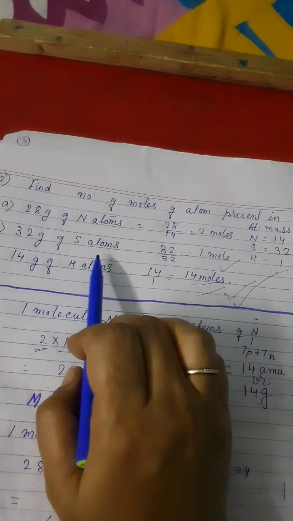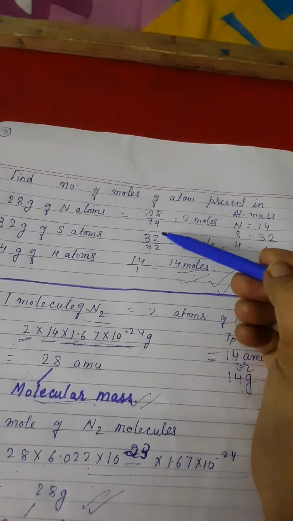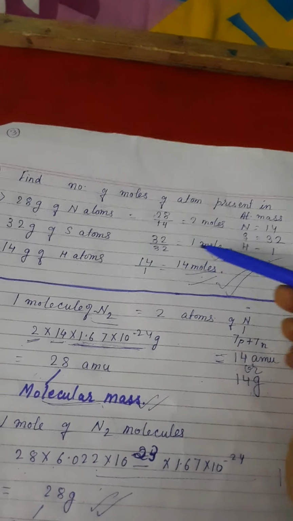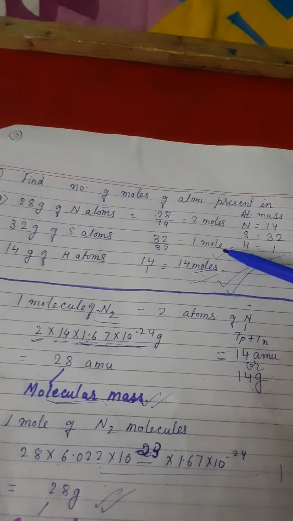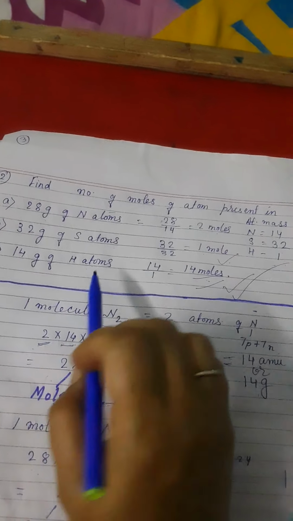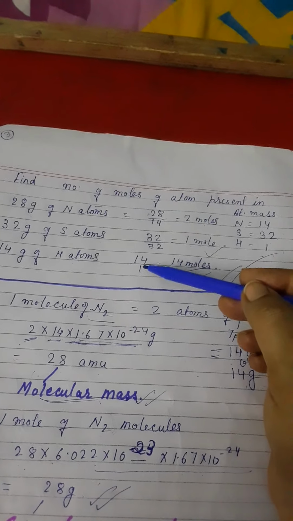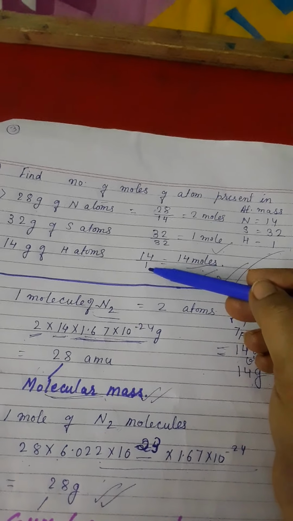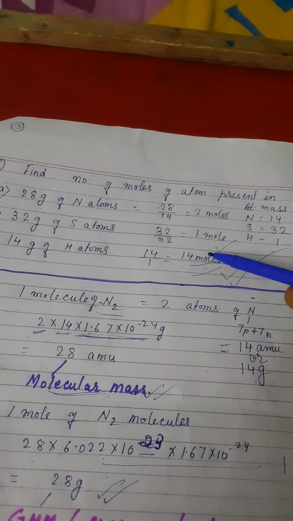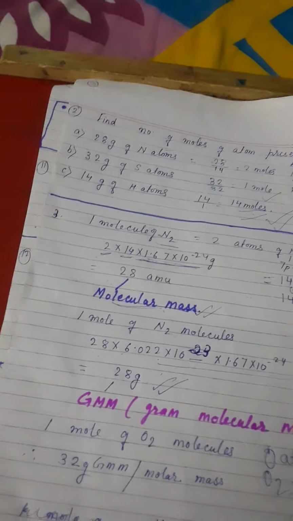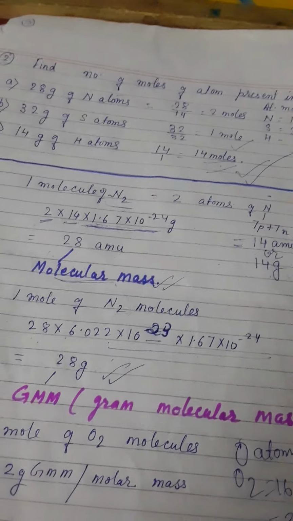Here 32 grams of sulfur atom, mass given is 32 and the molar mass of sulfur is 32, so we get 1 mole. Here 14 gram of hydrogen atom, the mass given is 14 and the molar mass of hydrogen is 1, so 14 by 1. In this way we can find out the number of moles present in atoms.